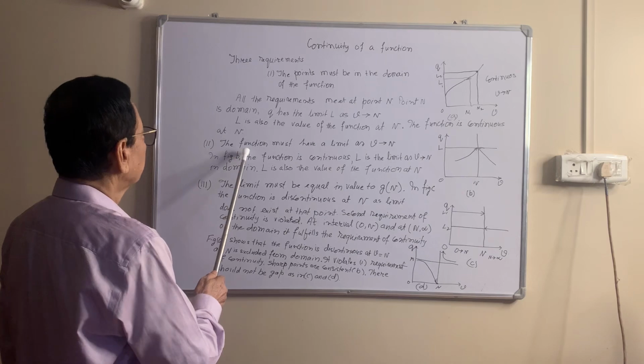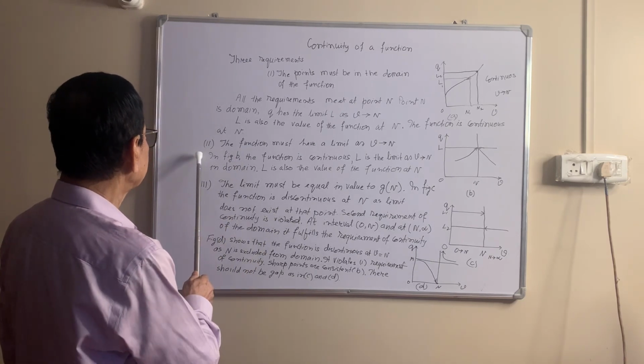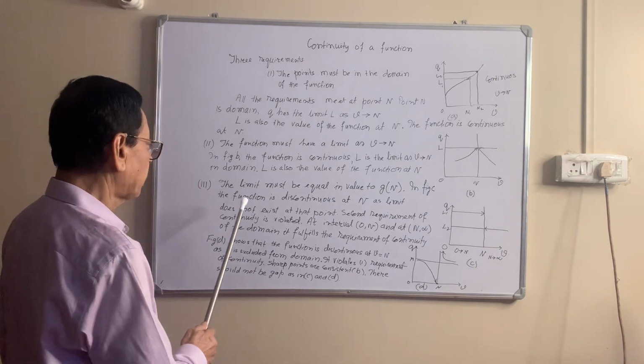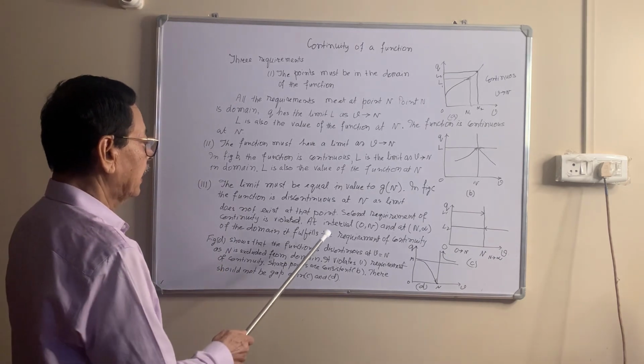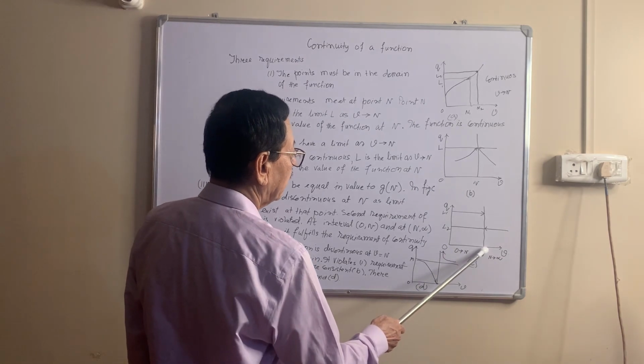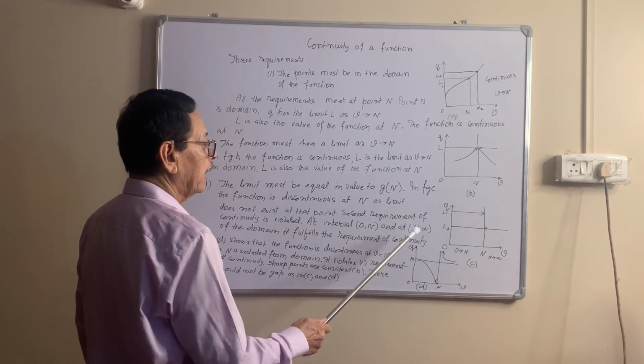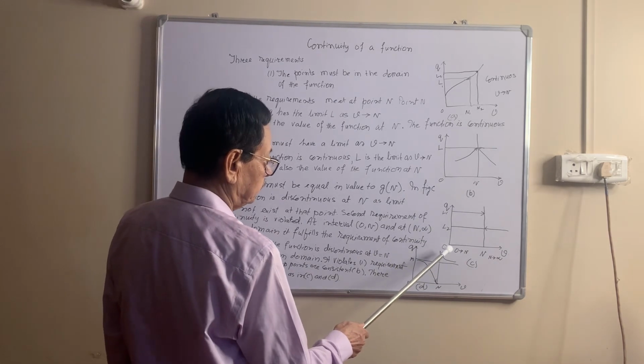So when the limit doesn't exist as an entity, requirement 2 is violated, in the interval 0 to N and at N to infinity.